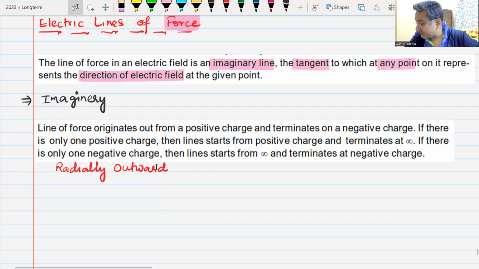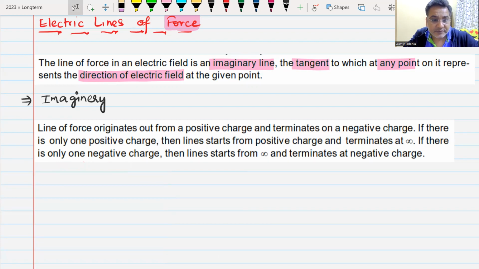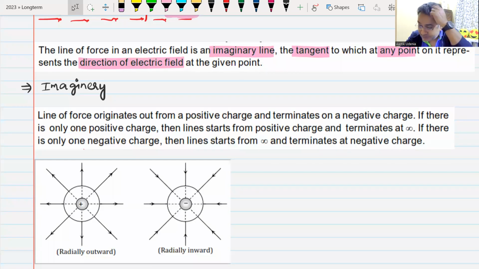Radially outward and radially inward. I will just take this one out as well, so that I'll show you in one diagram. That would be better. This diagram might be better to make you understand that same thing. Radially outward and radially inward. We understand this now? Yes, sir.